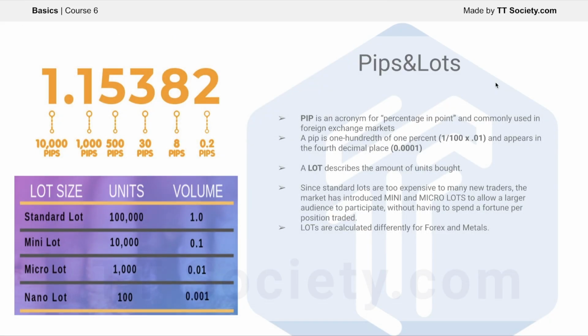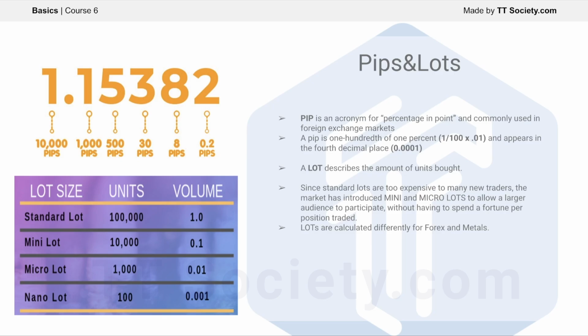Pips and lots. When calculating our position sizes, we need to first understand what pips and lots are. So a pip is an acronym that stands for percentage in point, and is commonly used in the foreign exchange markets, in the Forex market.